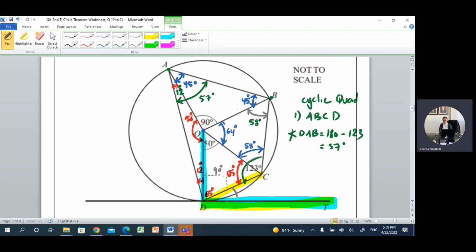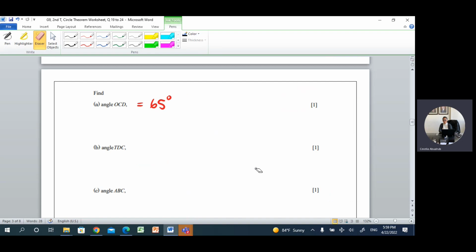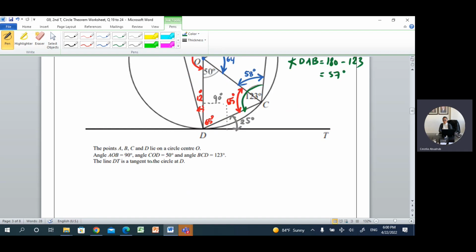So if this is 90, we can subtract the 65 from 90, and this angle here will be 25 degrees. So the answer here is 25 degrees.